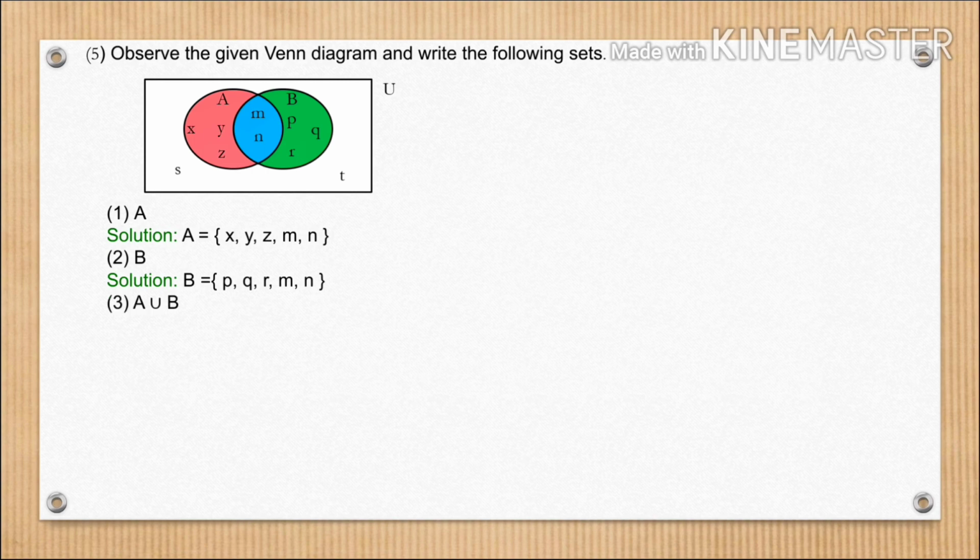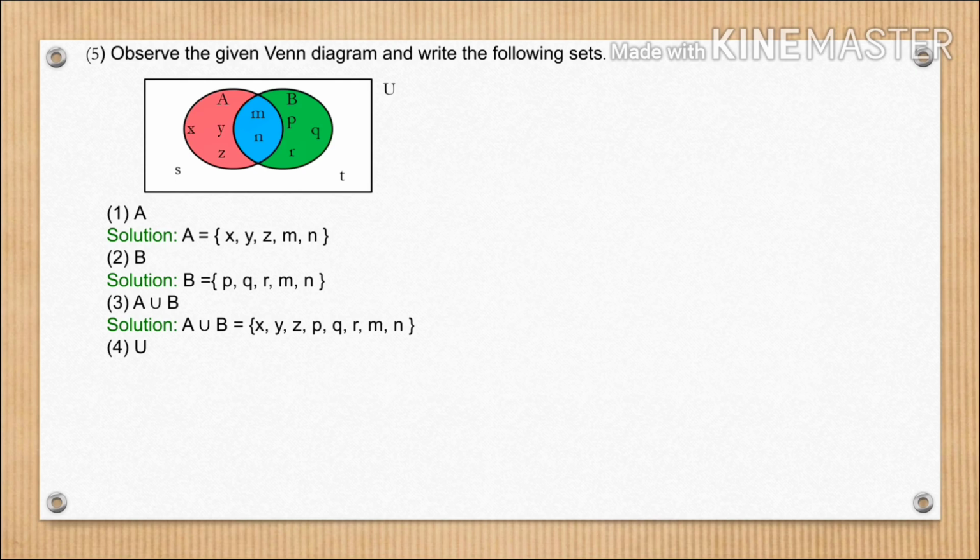Third one, A union B. A union B means the elements which are in A or B. They are x, y, z, p, q, r, m, n. Fourth, the universal set.